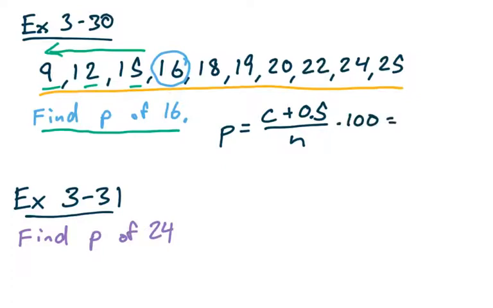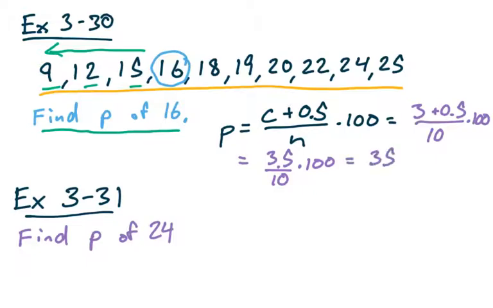So this becomes, plug in 3 in place of C, plus 0.5, divided by 10. There's 10 values in the data set. I'll put in one more step: 3.5 divided by 10 times 100. And so this is the 35th percentile.